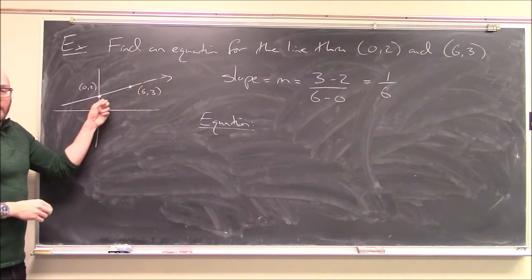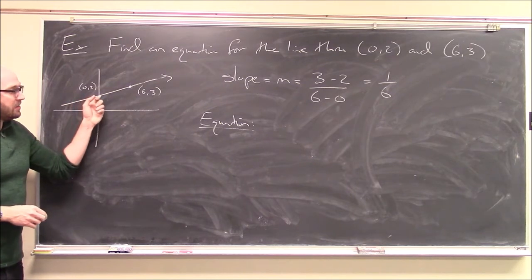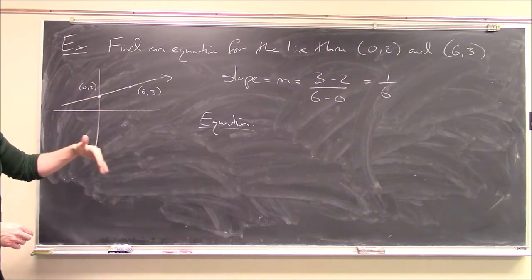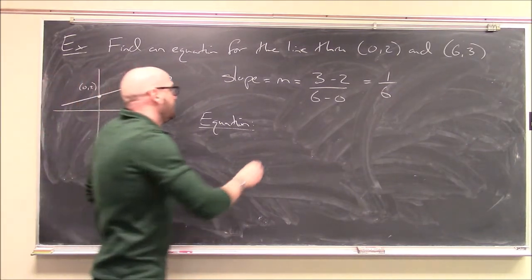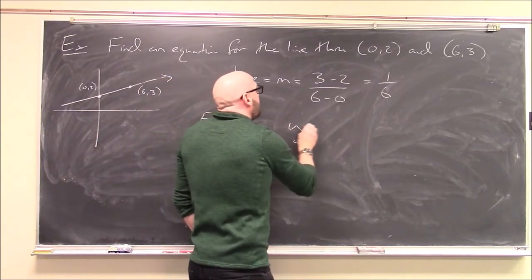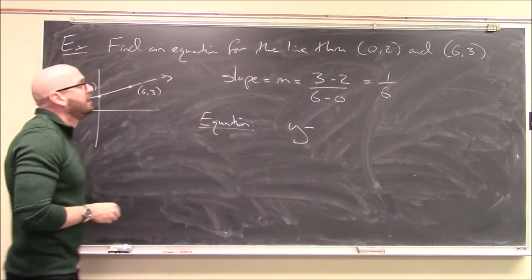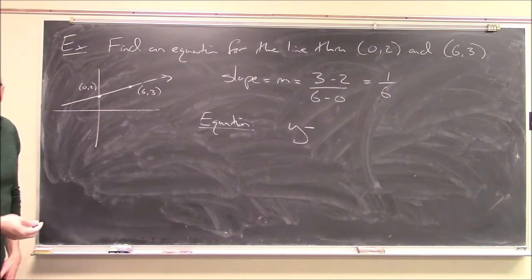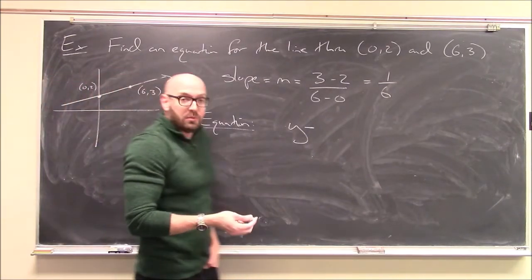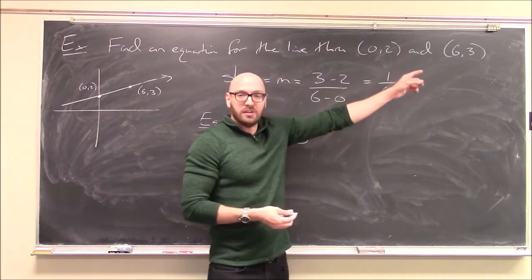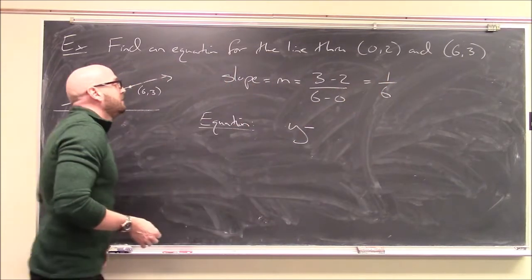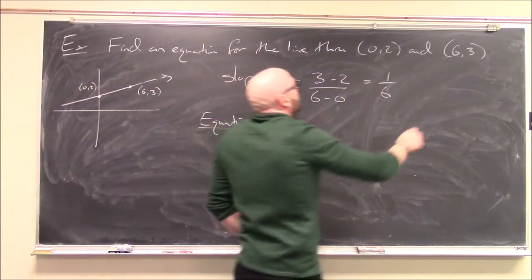And now I can find the equation. Because I'm given the y-intercept, I could go with the slope-intercept form, but I want to do more practice with the point-slope form. So we'll do point-slope. We've got y minus y1, the y-coordinate of a point. And it turns out it doesn't matter which point you use. We have 2 points. You can choose whichever one you want. Let's go with this one.